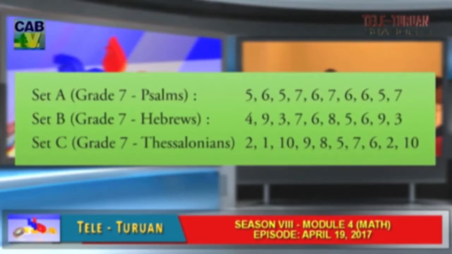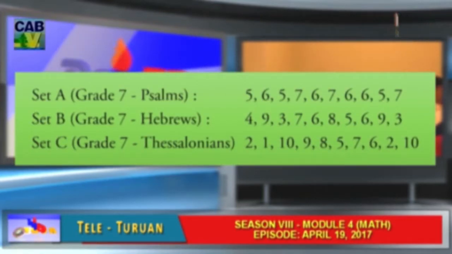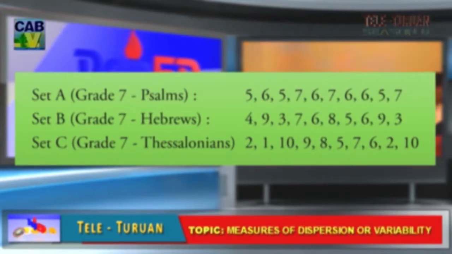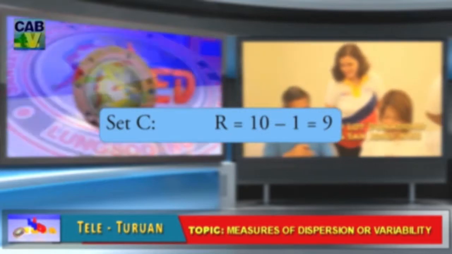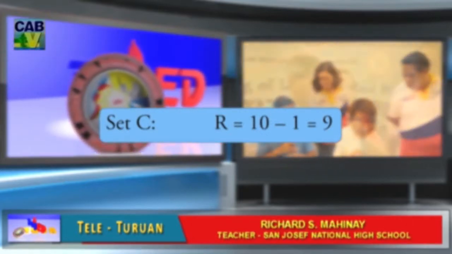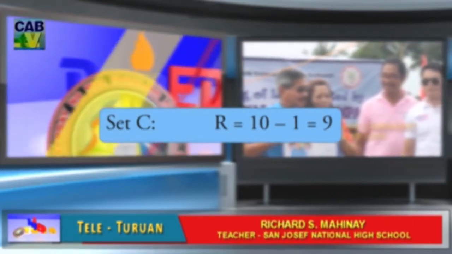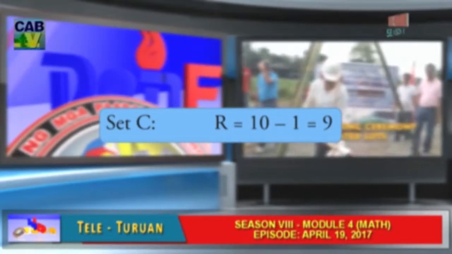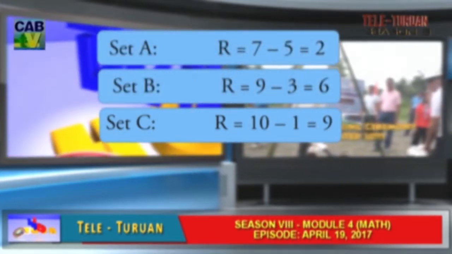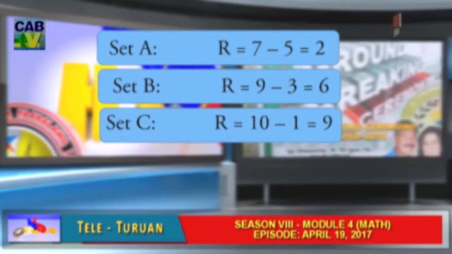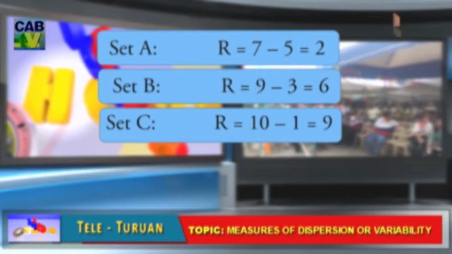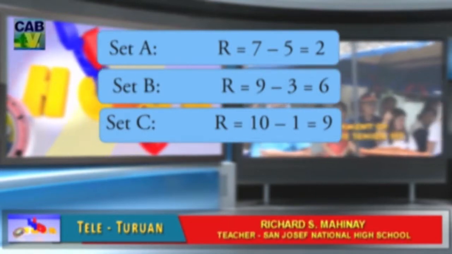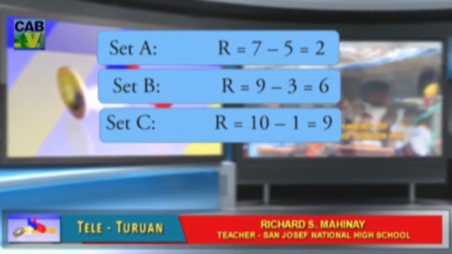For the last set, the highest value is 10 and the lowest value is 1. R equals 10 minus 1 and that is 9. Their difference is 9. Let's compare the 3 sets now. Range of set A is 2, set B is 6, and set C is 9.